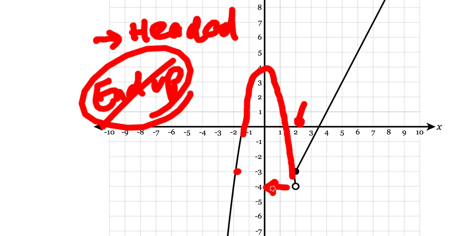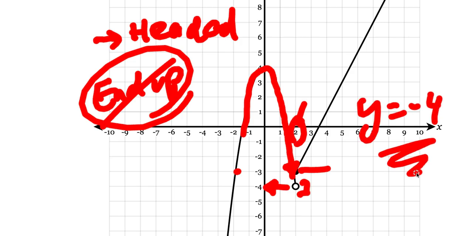When we arrive at 2, the function does not exist at -4. It exists actually right there. But because we are headed from the left toward x of 2, the y is -4, and that's the limit.